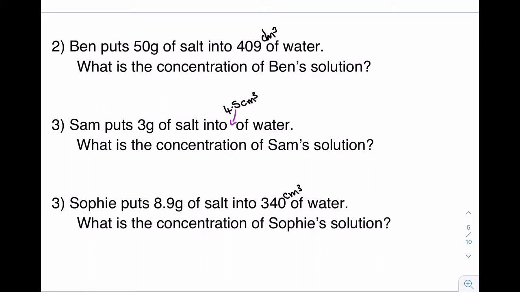So there the concentration is in the right units, so you would just do a divide, whereas the next two are in centimetres cubed, so you're going to have to convert those to decimetre cubed before you can calculate the concentration. So have a go at these questions, pause the video, and then we're going to go through it.